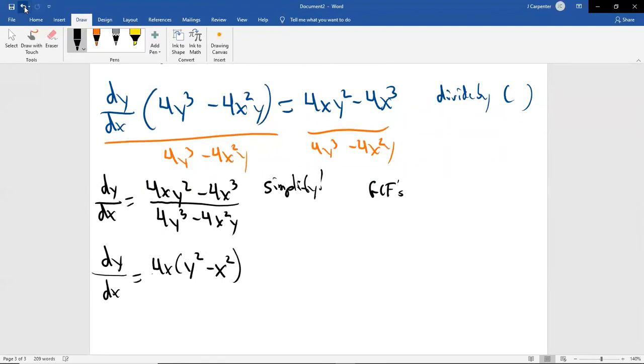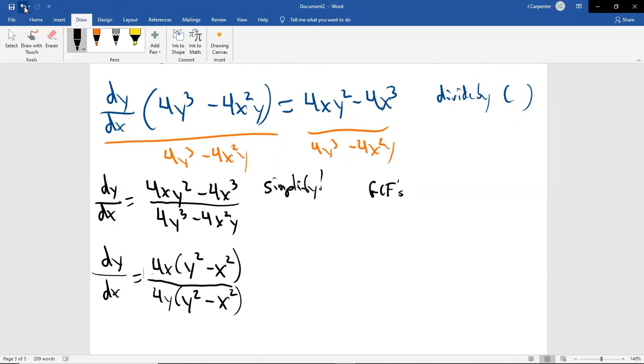In the bottom, there's a GCF of 4y. And when you factor that out, when you take 4 and y from the first term, you'll still have 2 of those y's left over, so that's a y squared minus. When you take the 4 and the y from this one, you still have the x squared.